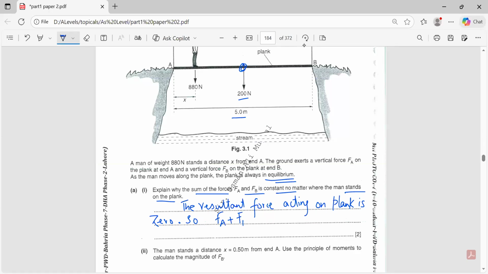So FA plus FB will always be equal to 880 plus 200. This is the reason why it stays constant, right? The weight of the plank plus the weight of the man will always be the same. Are you understanding?